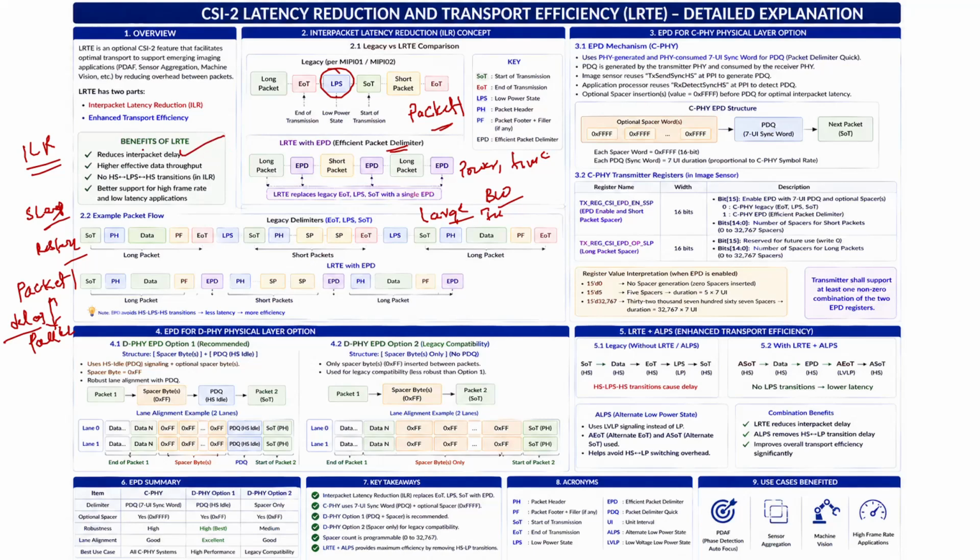How is it reducing the interpacket delay? It gives a higher effective data rate throughput, since the transitions from the high speed state to the low power state, and then from low power back to the high power state, will be reduced. That is interpacket latency reduction. Clear?